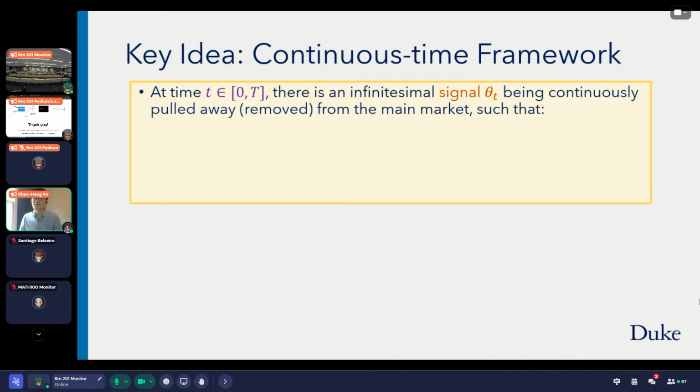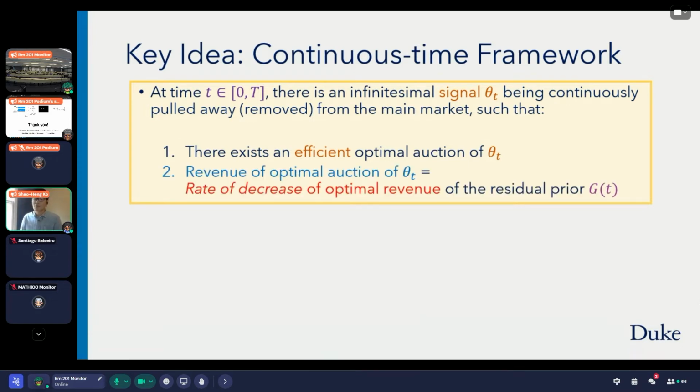And under this view, we identify 2 properties such that satisfying them both will ensure the scheme being buyer optimal. First, for the signal currently being constructed, its optimal auction needs to be efficient. And second, the revenue of this optimal auction needs to match the loss of the optimal revenue that the seller can get out of the residual prior.